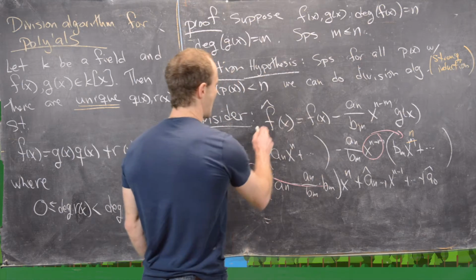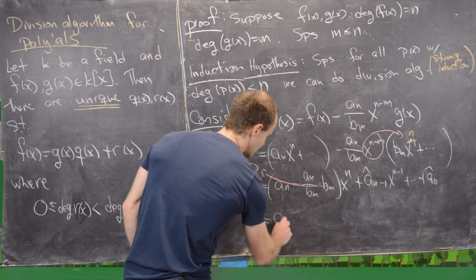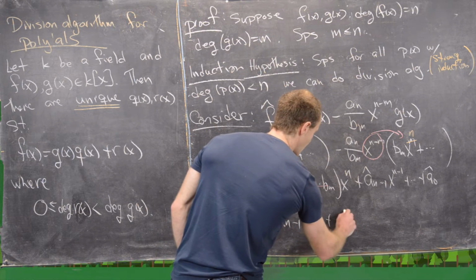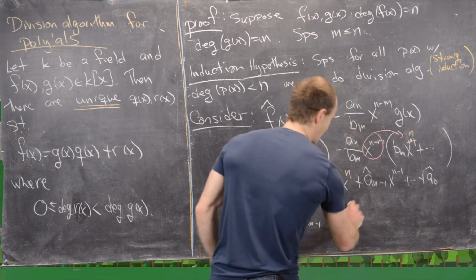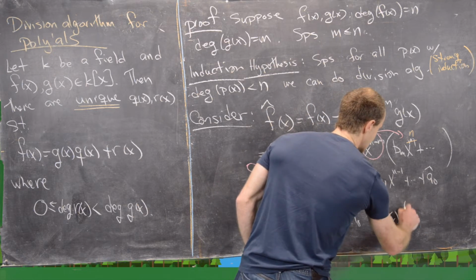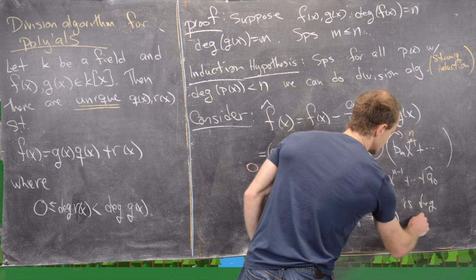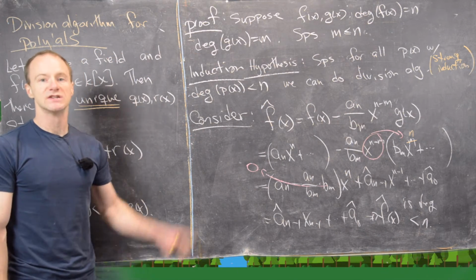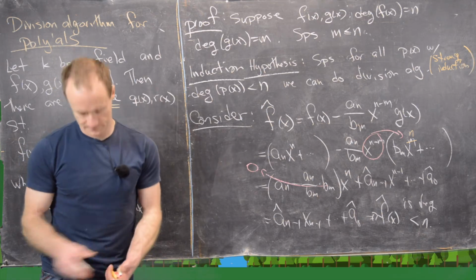So we have f hat of x equals a sub n minus 1 hat x to the n minus 1 all the way down to a 0 hat. In other words, f hat of x has degree strictly less than n. Okay, great. So I'll clean up the board and then we'll keep going.